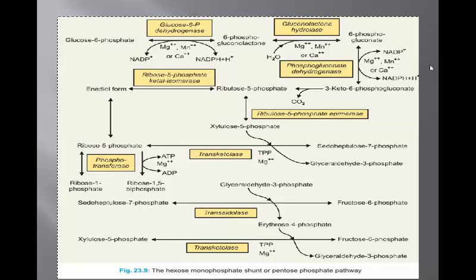Again, transketolation requires thiamine pyrophosphate and magnesium ion. So in total 2 fructose 6-phosphate are formed with 1 molecule of glyceraldehyde 3-phosphate.